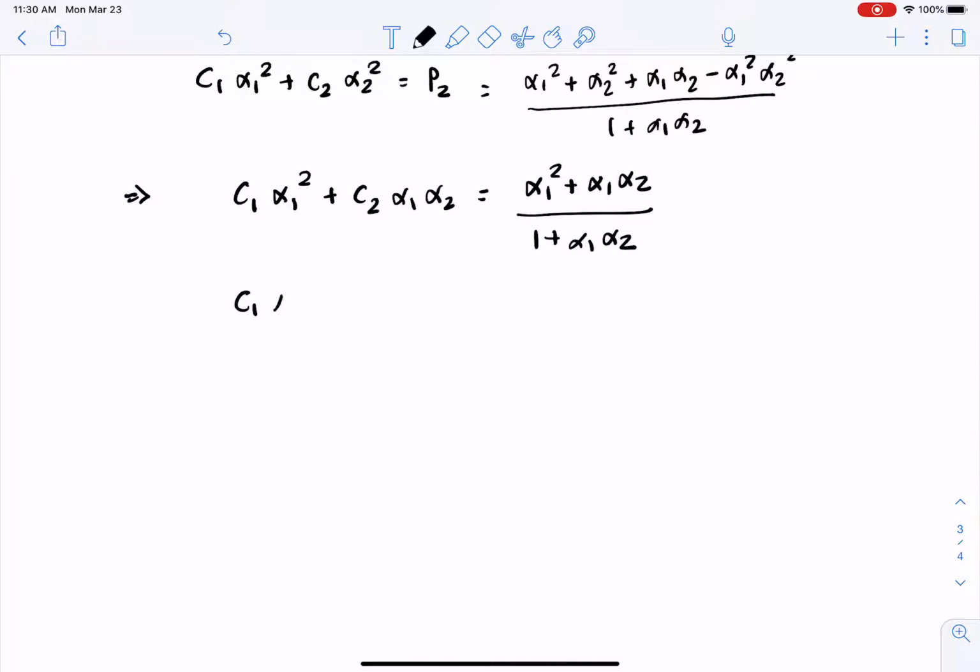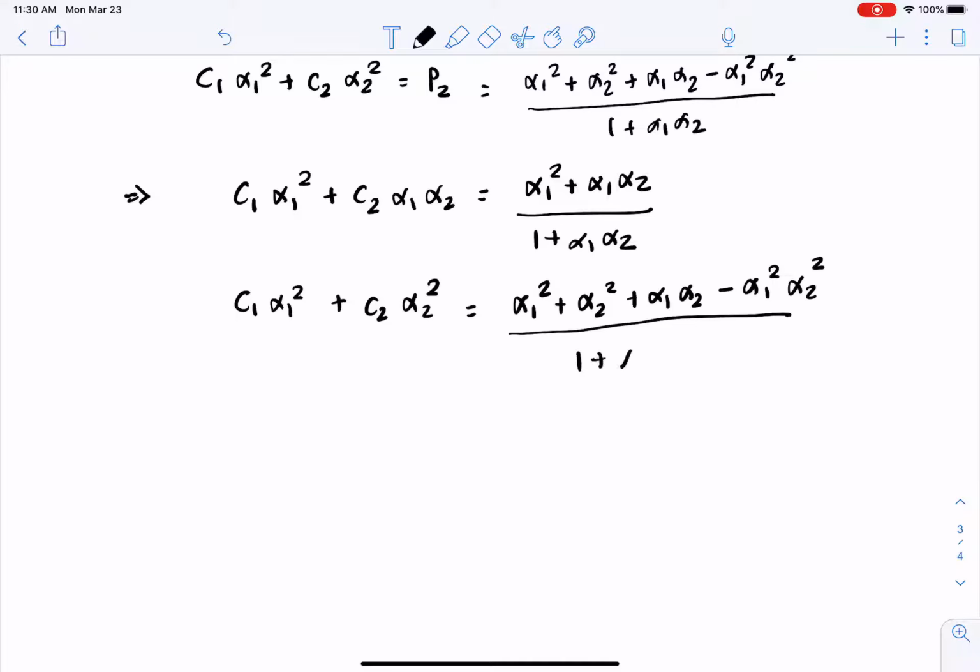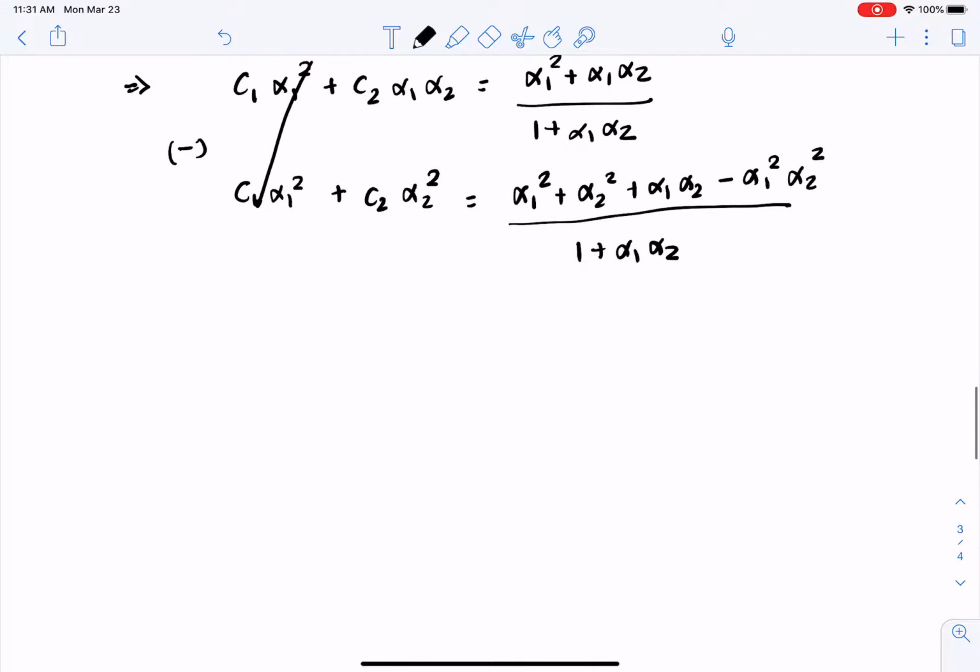And C1 alpha 1 squared plus C2 alpha 2 squared would be the second equation: alpha 1 squared plus alpha 2 squared plus alpha 1 alpha 2 minus alpha 1 squared alpha 2 squared over 1 plus alpha 1 alpha 2. So when we subtract, those two terms would go away. So we will have C2 times alpha 1 alpha 2 minus alpha 2 squared.